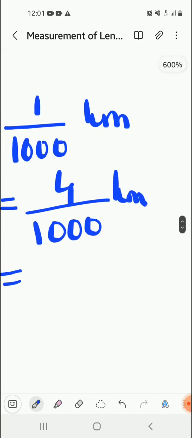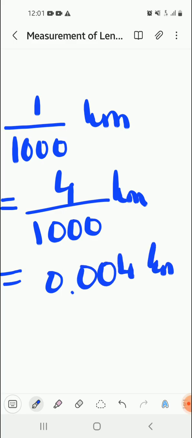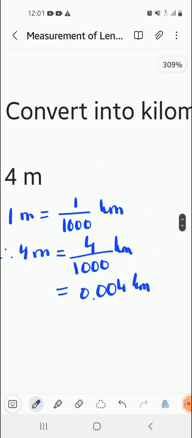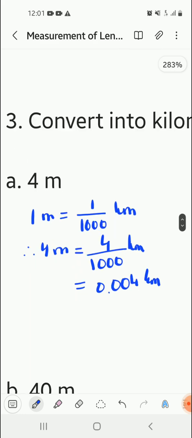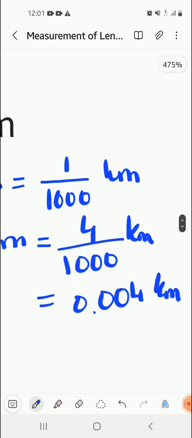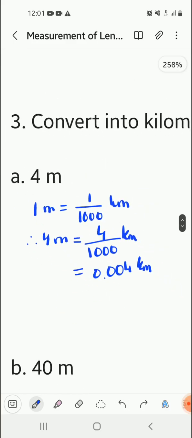Simple, convert it into decimal. So there are 3 zeros, so 3 decimal places. So 0.004 kilometer. That's it. This will be the answer. This is kilometer, km. Moving on to the next question. 40 meter.